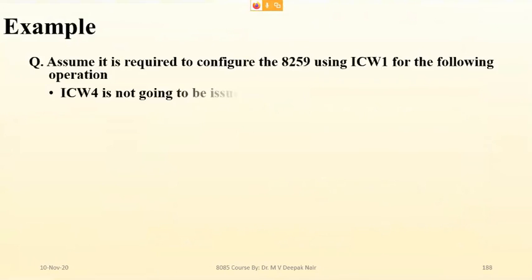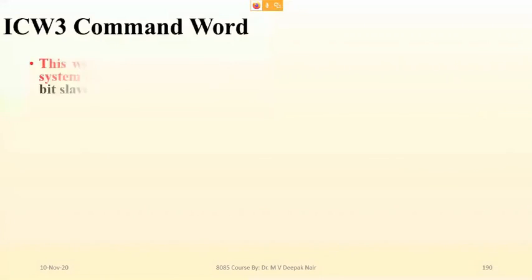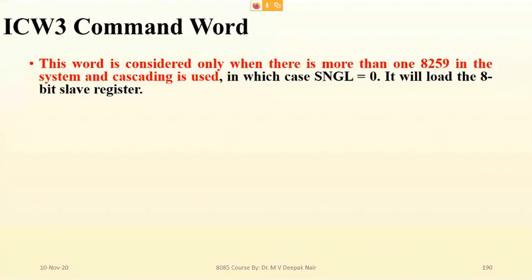Today we are going to start with ICW3, because in the last two classes we talked about ICW1 and ICW2. Now we are going to talk about ICW3. If you can recall, we are talking about the 8259 programmable interrupt controller.